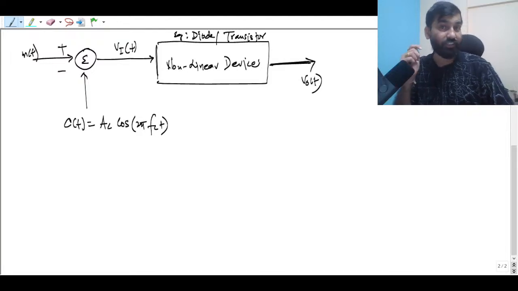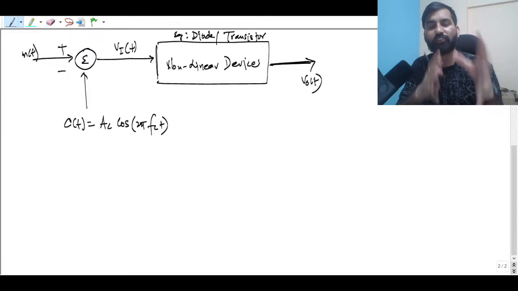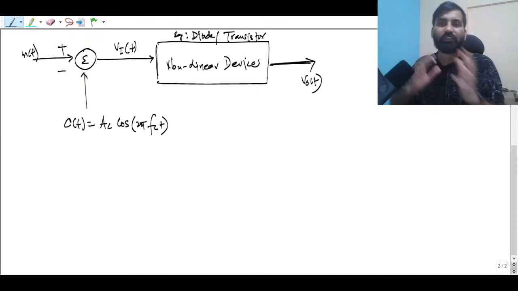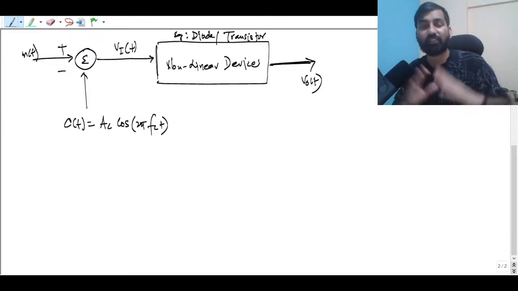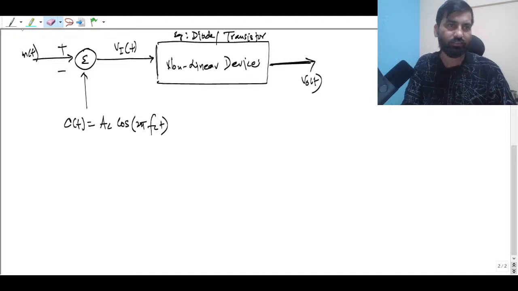Now they have given the relationship between output and input for this non-linear device, like how this input and output are described by the device. That is given as V out is a function of time only. So let me write here. This is the equation that you also have to keep in mind.